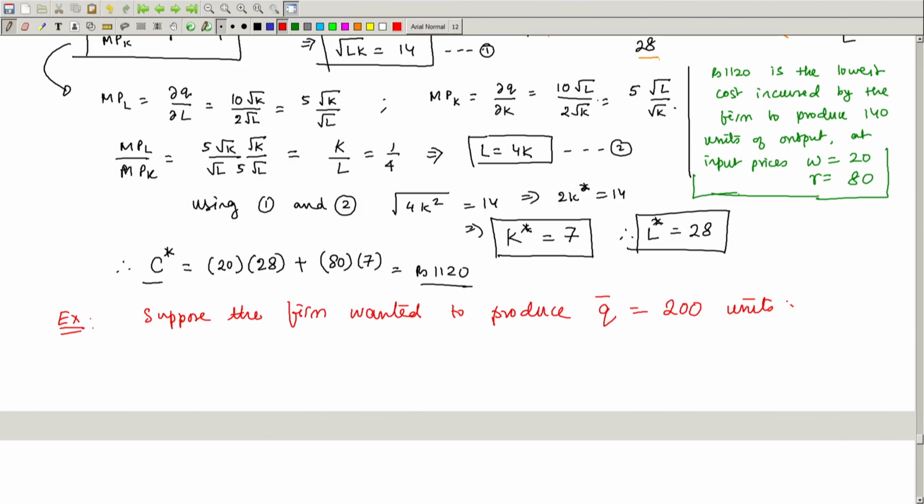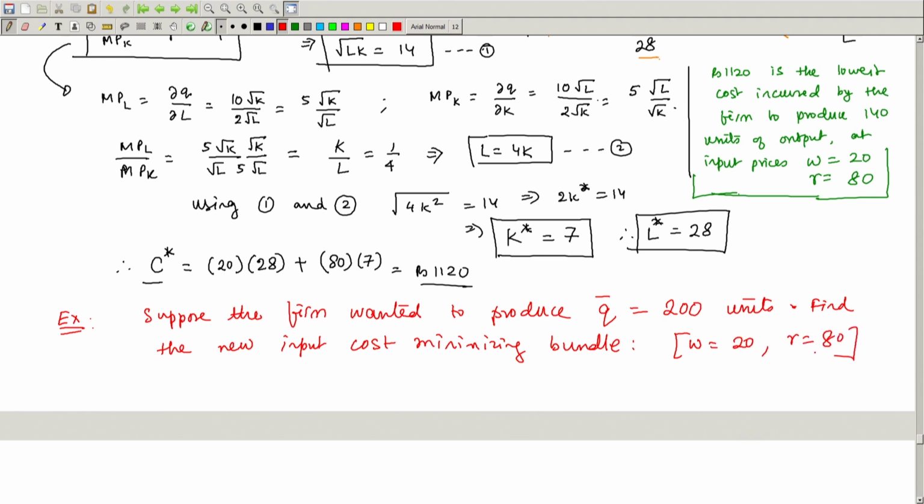Find the new input combination, the cost minimizing bundle. So, you are going to find the new L bar comma K bar, and I am going to keep the input prices the same. W is going to be rupees 20 per hour, R is going to be rupees 80 per machine, right.